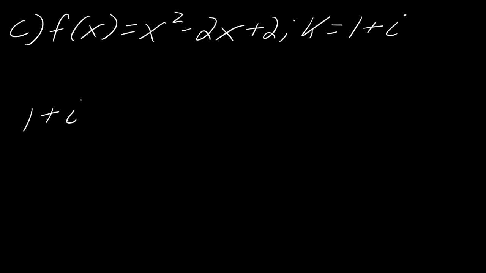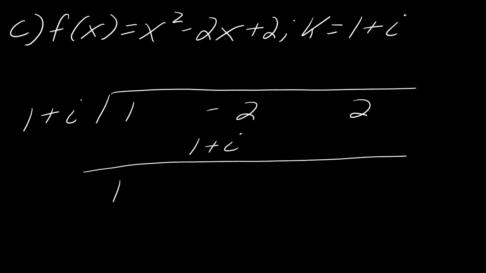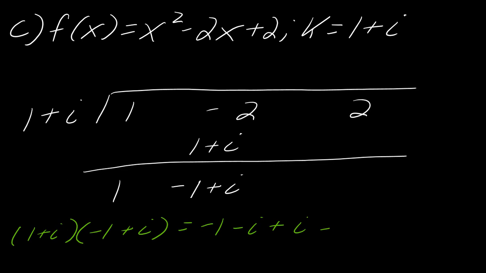Okay, so I'm going to set up my synthetic division. Give myself plenty of space. This is 1, -2, and 2. I'm going to have 1 plus i here. So this becomes, let's see, -1 plus i. And then if I multiply 1 plus i times -1 plus i, I get -1 minus i plus i squared.